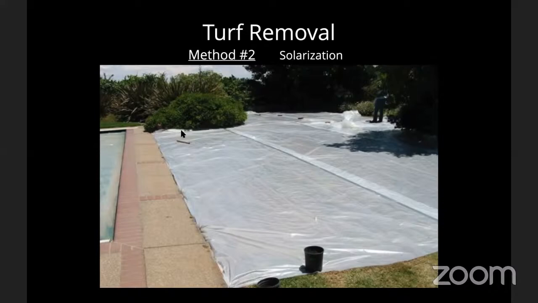So I might combine maybe sheet mulching close to the shrub and underneath the tree with, in the wider areas, the solarization. It does require some good soil moisture to get that ambient temperature in the soil up. So same thing, you want to water really well.